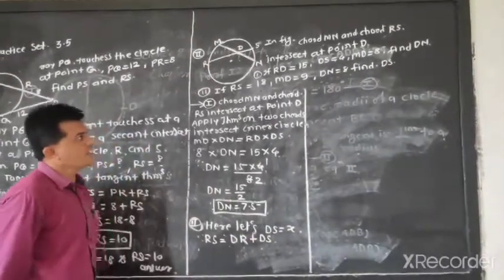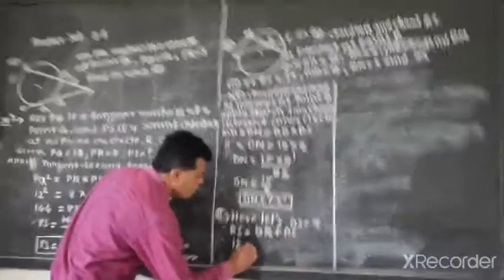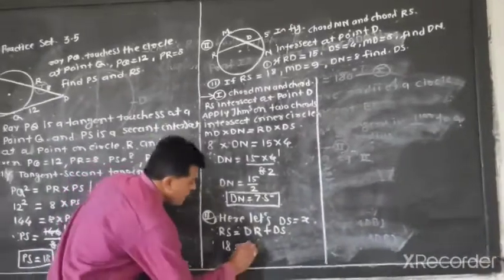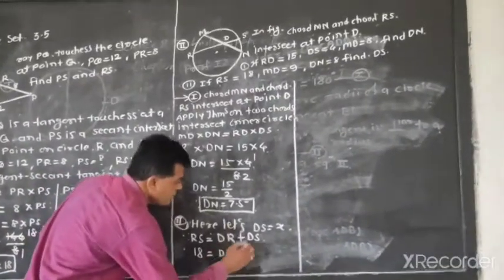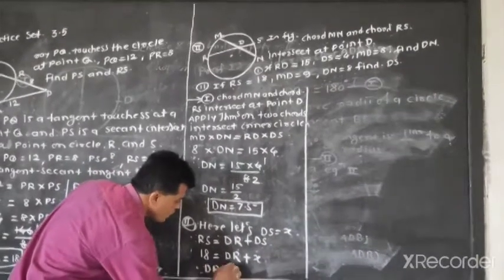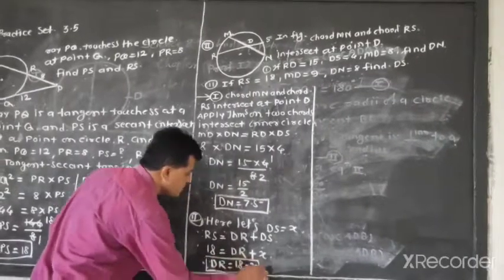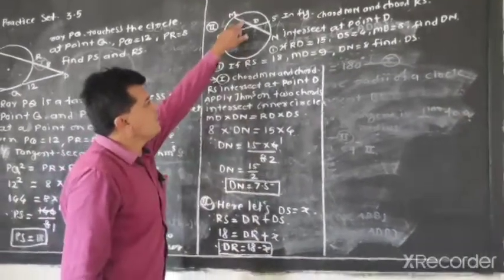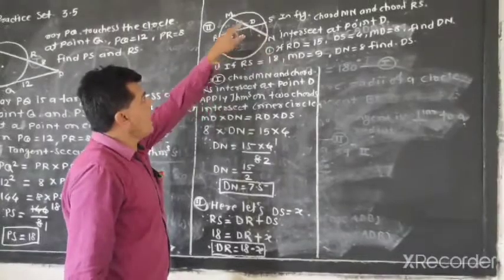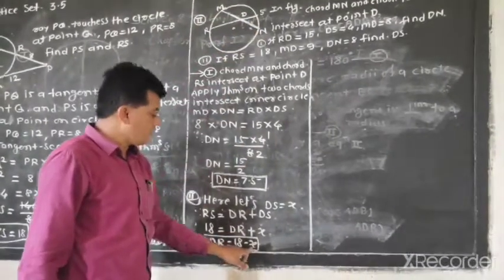The value of RS is given as 18. So DR plus x is equal to 18, that is DR is equal to 18 minus x. MD is given, DN is given. Then find the value of DS.